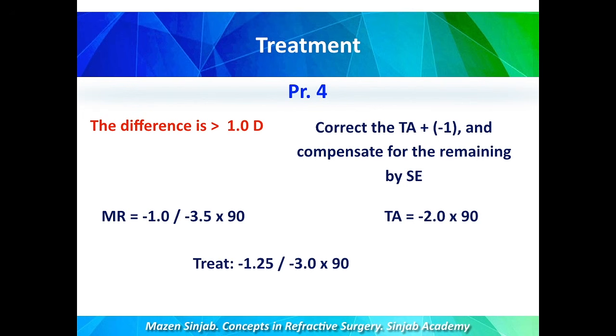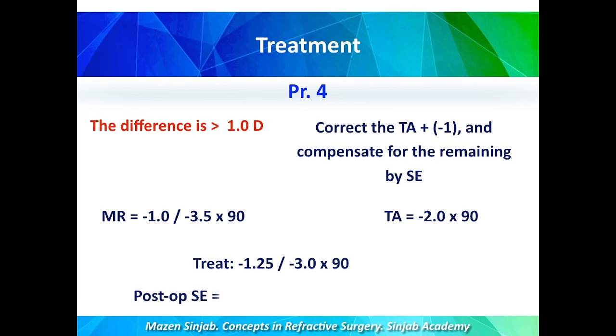So what we are going to do is treat -3 cylinder, meaning that we are adding -1 to the topographic astigmatism, and the remaining is minus 0.5 in comparison with the manifest astigmatism. So half of it will be added to the sphere in order to obtain the same spherical equivalent. So the final treatment will be minus 1.25 sphere minus 3 cylinder at 90.